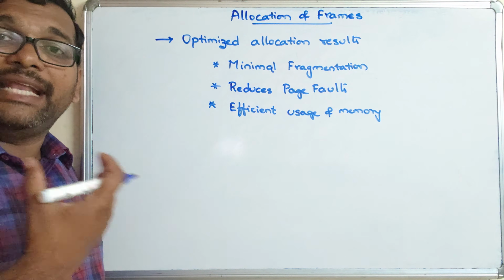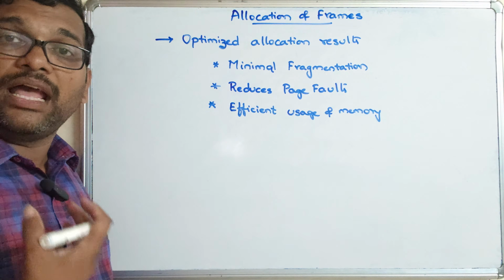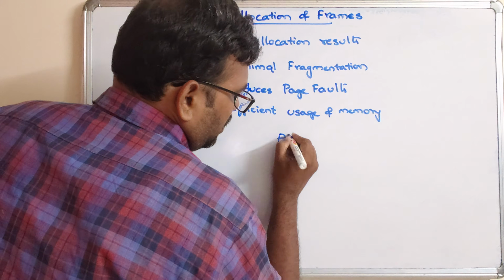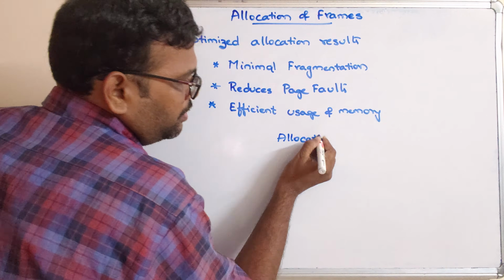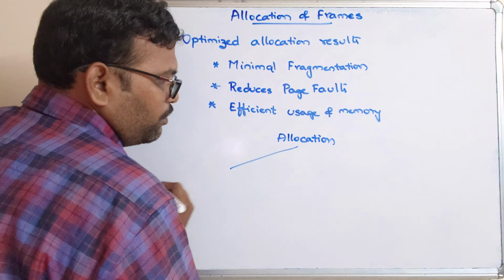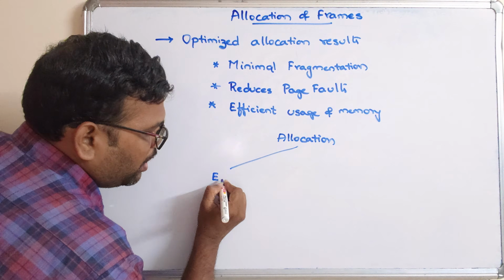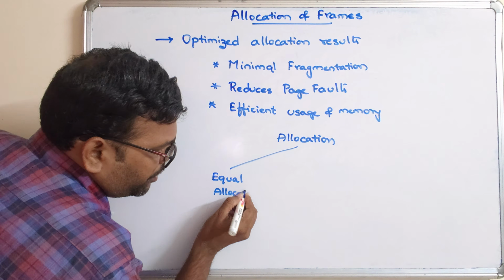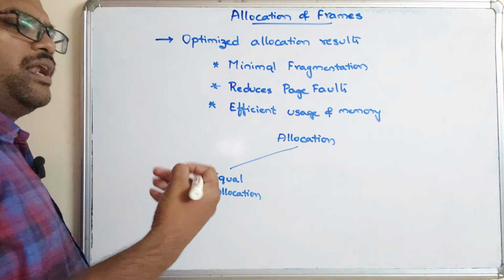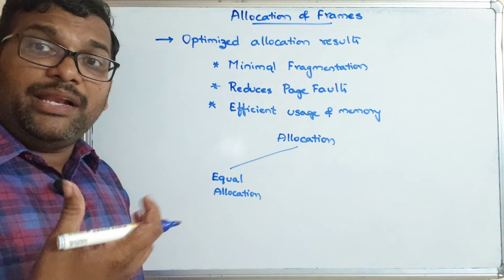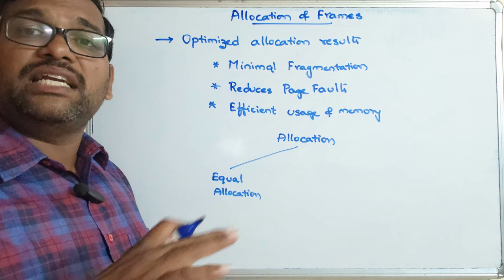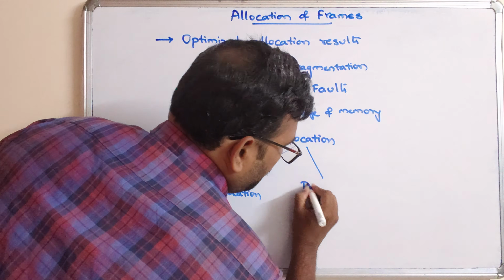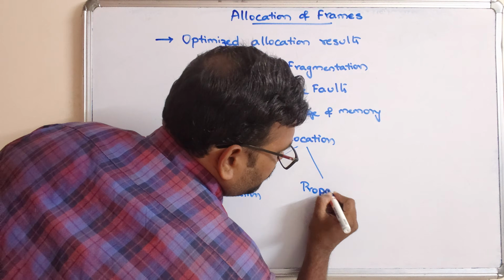Now, what are the different techniques, the different approaches to allocate the frames? The allocation can be done in four ways. One is equal allocation. If there are multiple processes, an equal number of frames will be allocated to each and every process. The second one is proportional allocation.